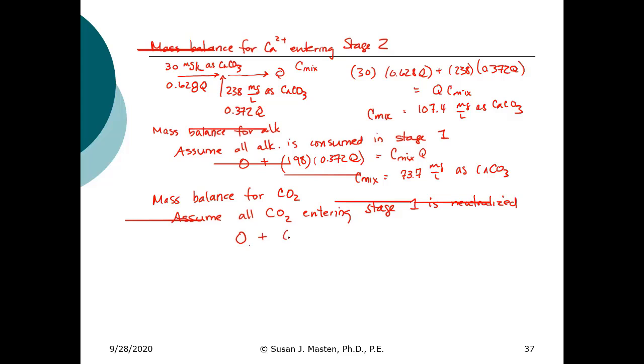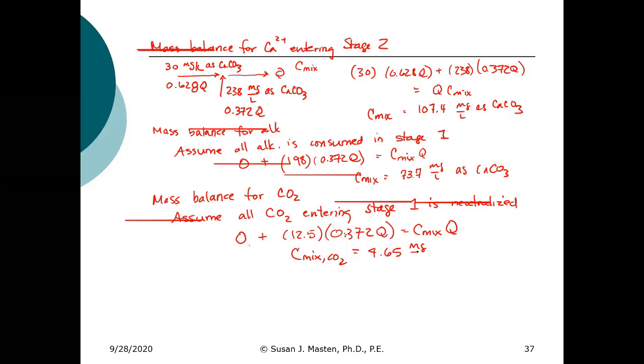Plus we had 12.5 times 0.372 Q equals C mix Q. And then that gives us 4.65 milligrams per liter as CaCO3. So what this is telling us here is this is how much CO2 we need to neutralize in reaction 1.